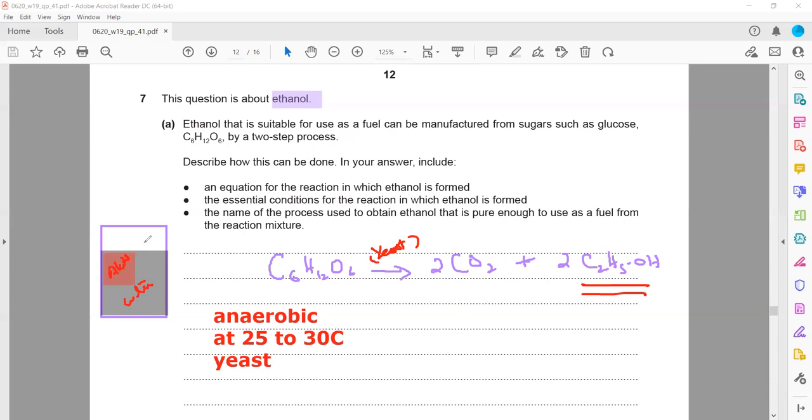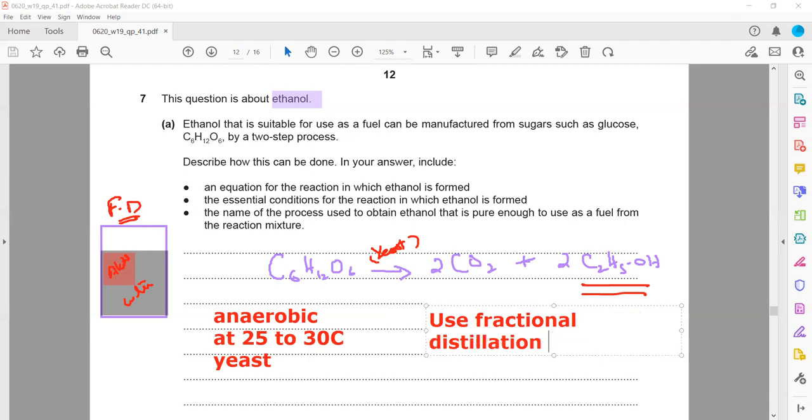Whenever we want to separate 2 or more miscible liquids, the technique which we use, we call that fractional distillation. So here we will use fractional distillation to obtain alcohol from water, or you can also say aqueous solution.